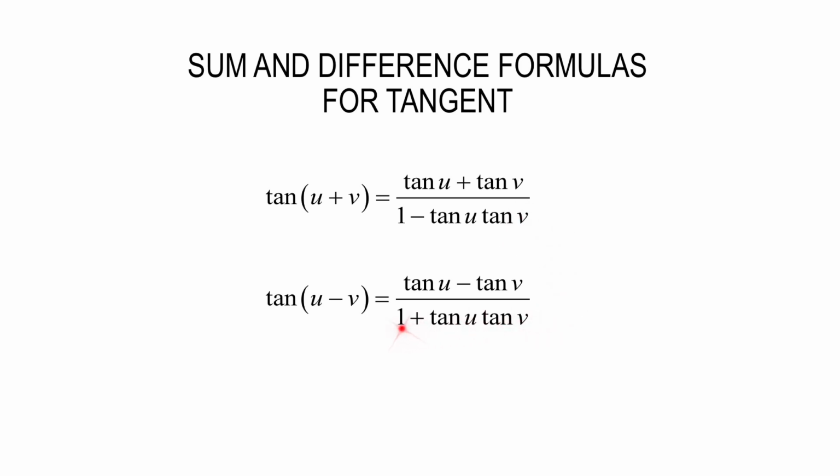In fact, on the bottom of both of these, we have that 1 tan u, tan v thing, but they are opposites. So here my plus lines up with that plus, and this is the opposite. Here this difference lines up with that difference, and then that ends up being the opposite of what I had on top. So that's one way you can remember that.